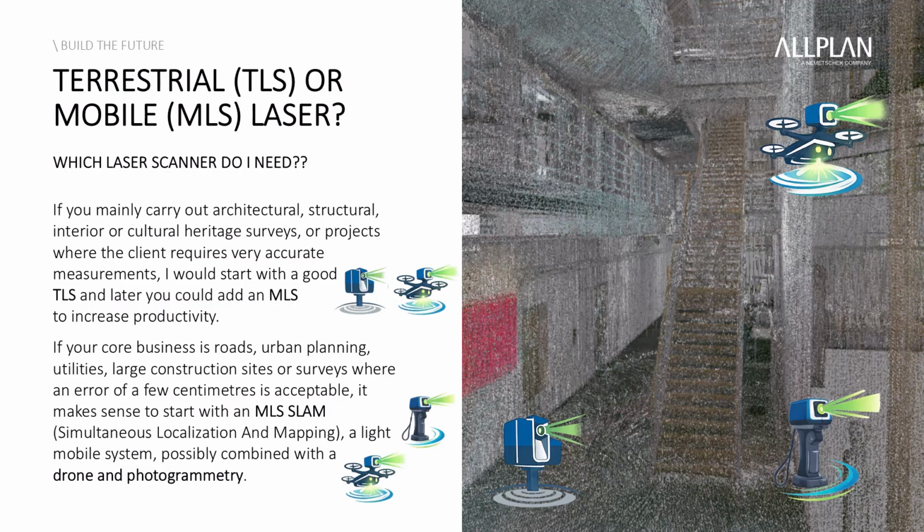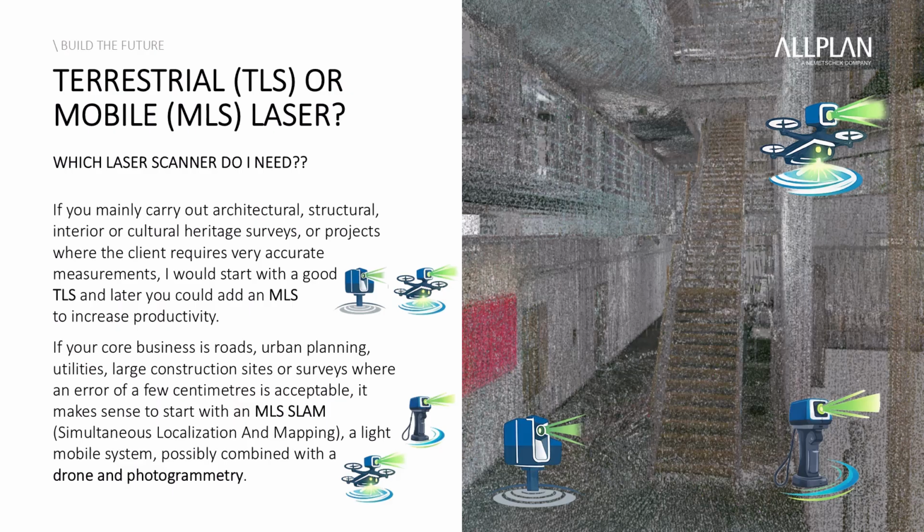So here is where, if you mainly do architectural surveys rather than structural ones, cultural heritage, and so on, you will likely need very precise measurements. So in this case, I would start with a good TLS, meaning a good terrestrial instrument, which, if necessary, can be complemented by an MLS, so a mobile instrument that could be a drone or a system of the manual type.